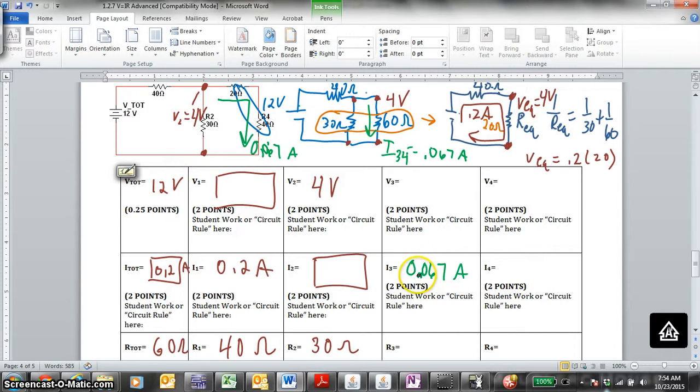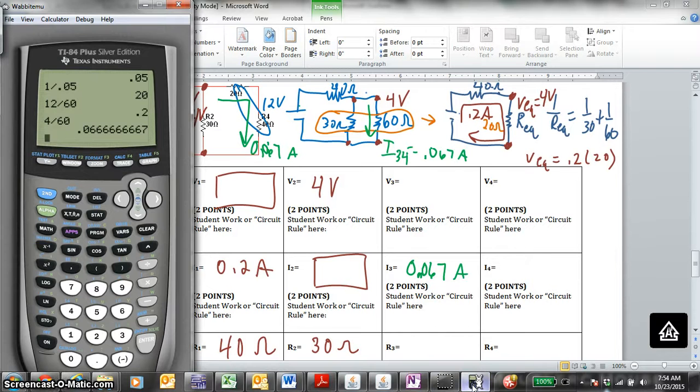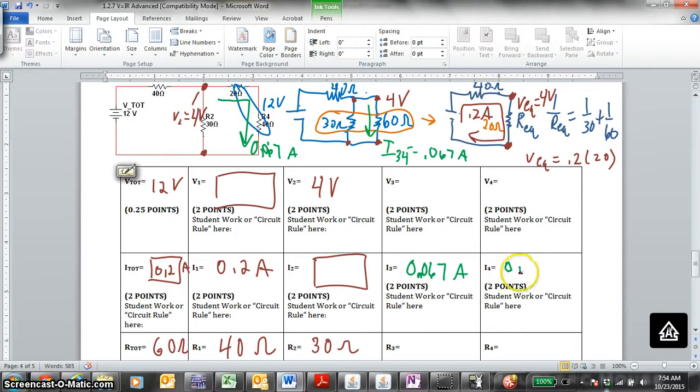Should be a 0 there. Let's check our calculator. 0.067 amps. So at this juncture here, where you got 0.2 amps coming in, 0.067 goes through that wire.